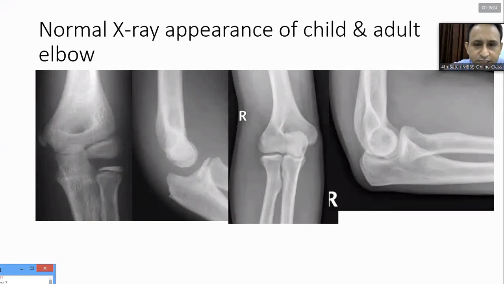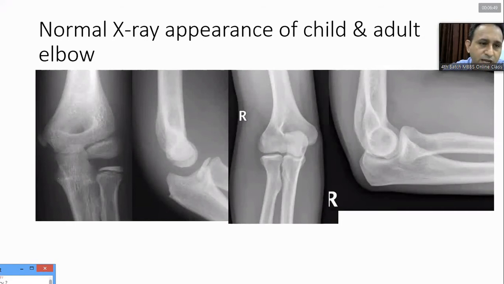So let's see this X-ray of the child as well as the adult compared side to side. We always need two views of the X-rays, the AP and the lateral view. The first two X-rays belong to the child. Don't confuse those radiolucent lines with fractures, because most people tend to get confused.